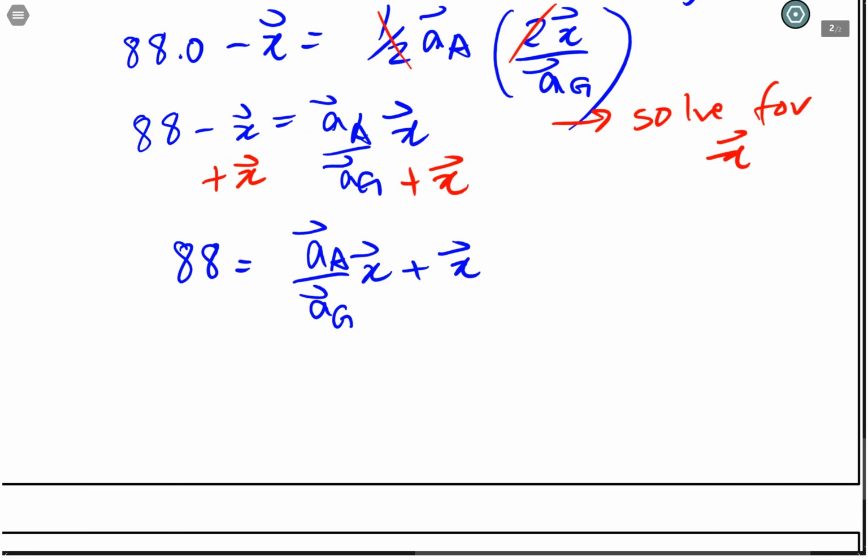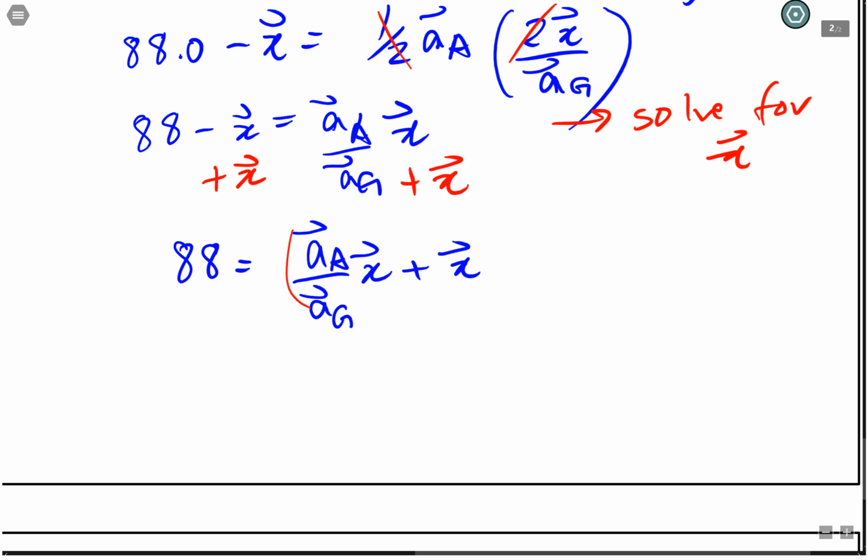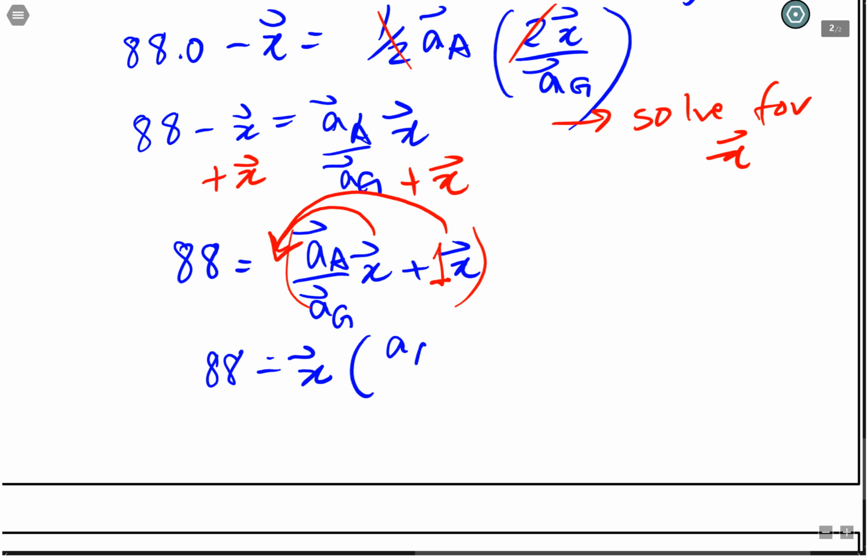This part here, some of you might get stuck. What if we put some brackets around my two terms? Imagine in front of this x, I have an imaginary 1 coefficient, and I'm factoring out x. After I factor out x, I have 88 is equal to x in brackets, acceleration of Alfred over acceleration of George, plus 1.